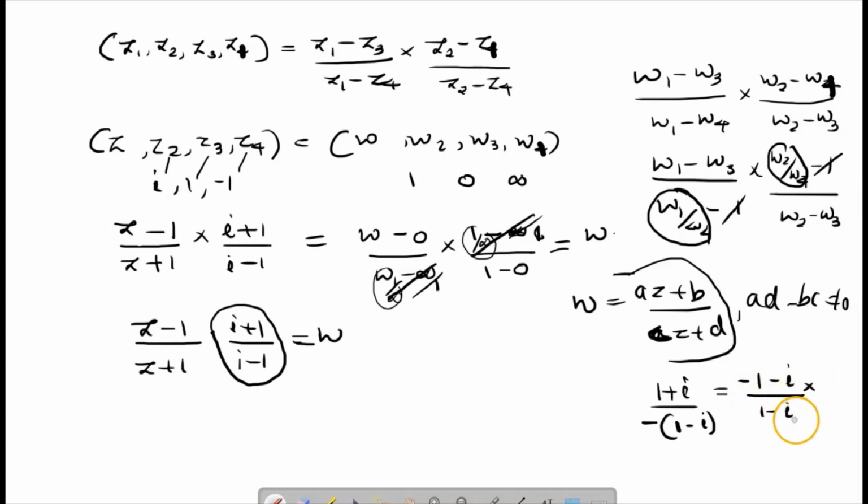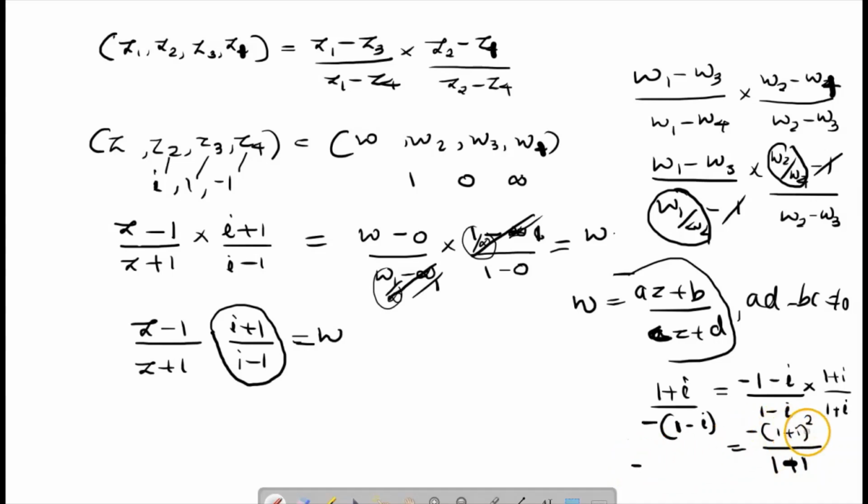Let's multiply by the conjugate, (1 plus i) divided by (1 plus i). So this is minus of (1 plus i) squared, divided by (1 minus i) into (1 plus i). (1 minus i) into (1 plus i) is of the form (a minus b)(a plus b), which is a squared minus b squared, that is 1 squared minus i squared. I squared is minus 1, so 1 plus 1, which is 2.